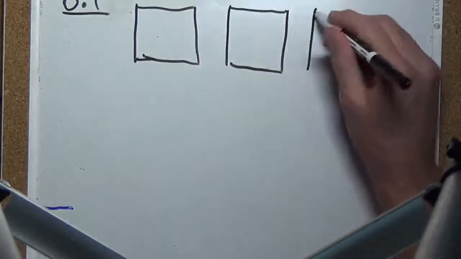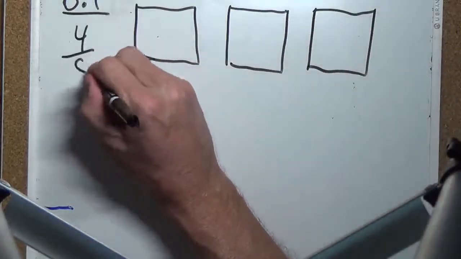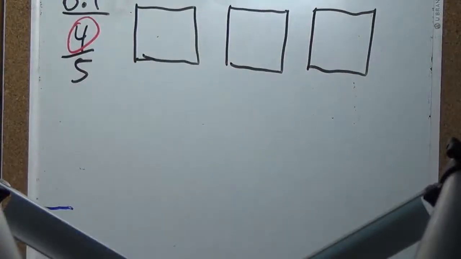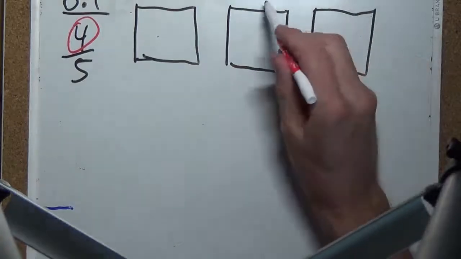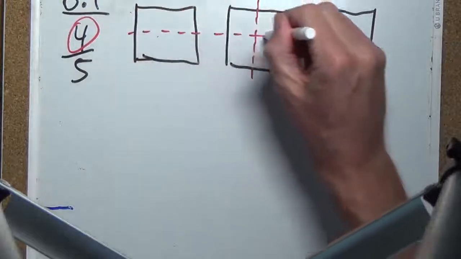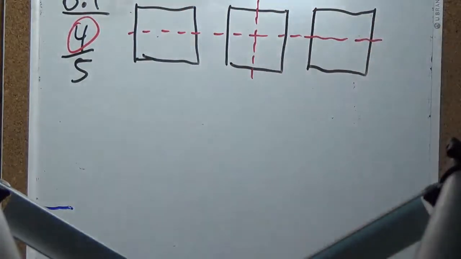I got 3 squares again, and I'm going to say they represent 4/5. So I only have 3 things, but I got to get 4 equal pieces. Well, I learned this from students doing it. They cut that in half, cut this in half, and now they've got 4 equal pieces. It's like half a square and a quarter of another one.